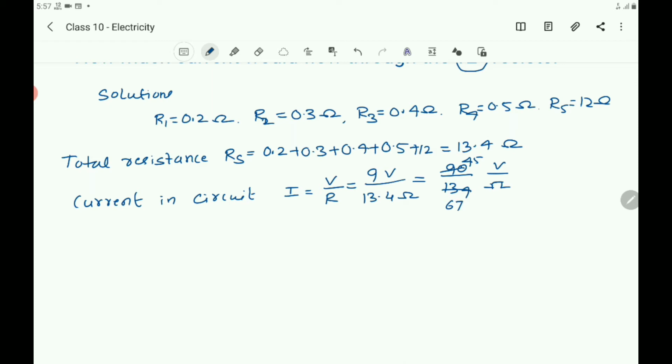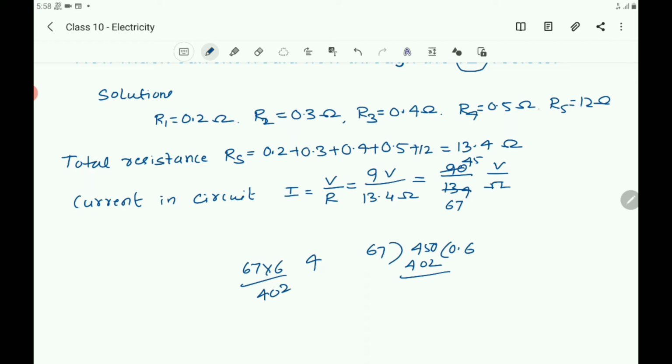If you divide 45 by 67, it is not divisible, so put 0 point, take 1 0 here, and 67 6s are 402.